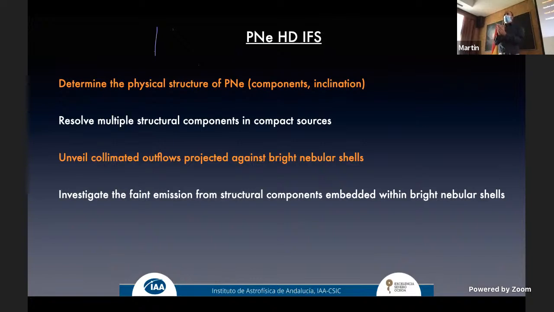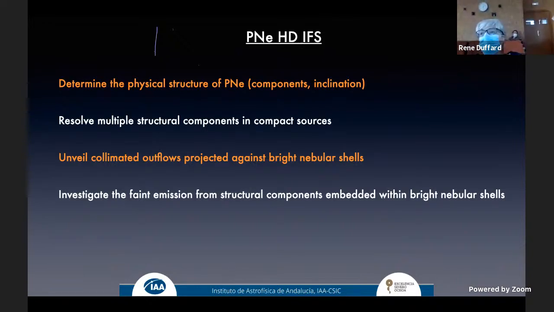We are typically applying for seeing below 1 arc second. In these cases, we have made some measurements of the full width at half maximum of stars in the field of view, and we can say that we have something like 1 arc second, 1.1, 1.2 at most.